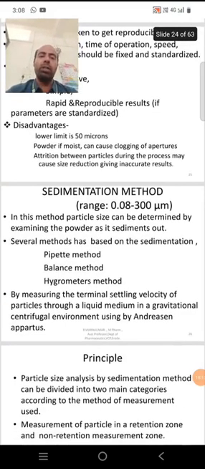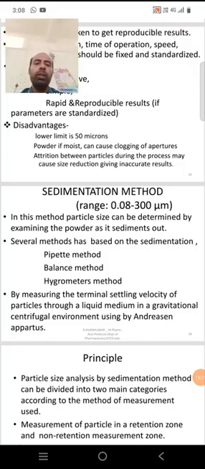Next method is the sedimentation method. In this method, the size can be determined by examining the powder as it sediments out. In the sedimentation method, the particle size range is between 0.08 to 300 micron.